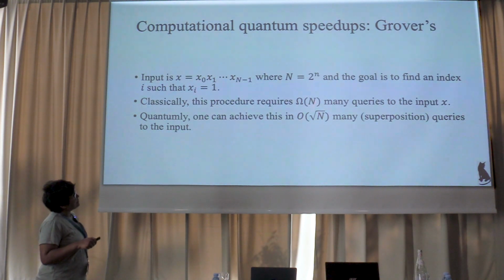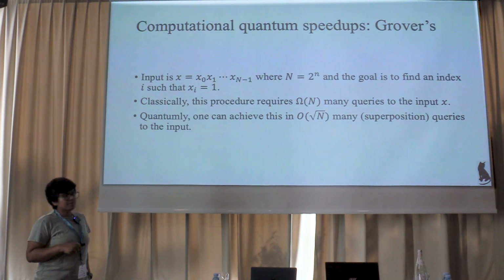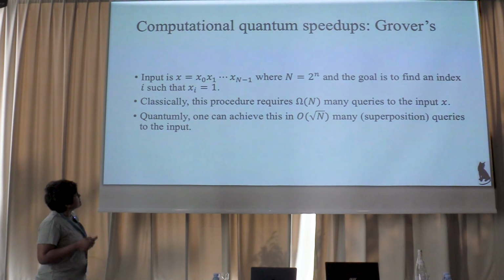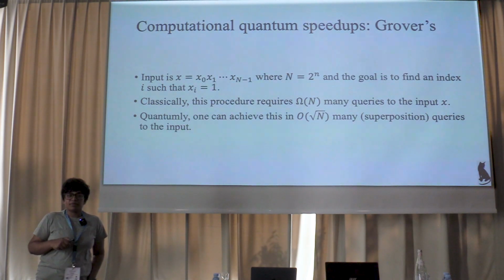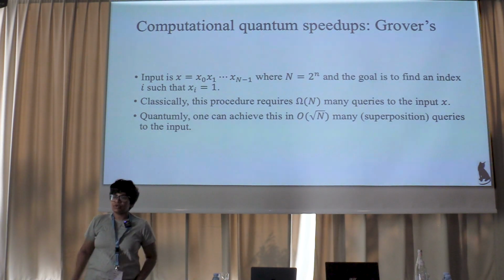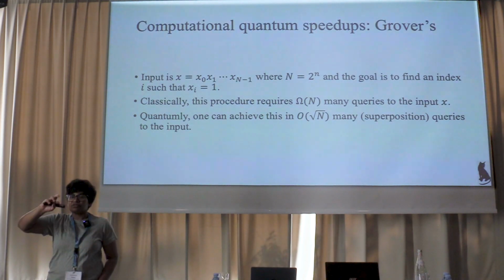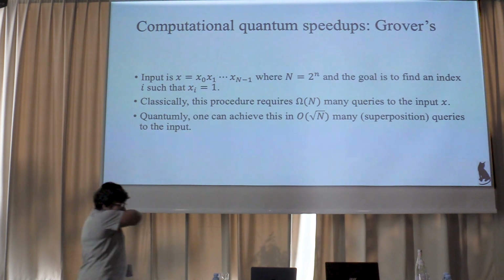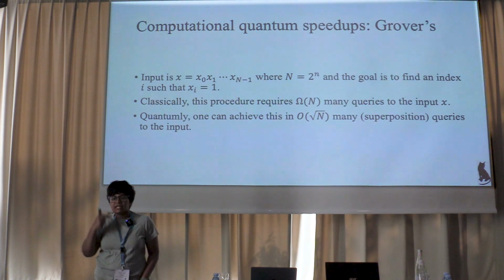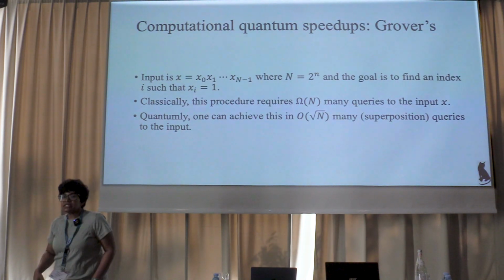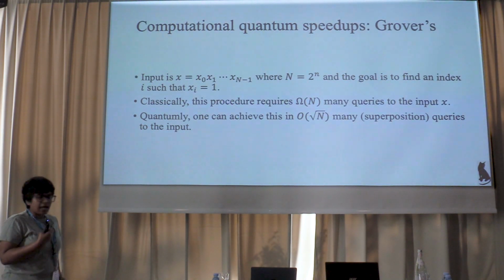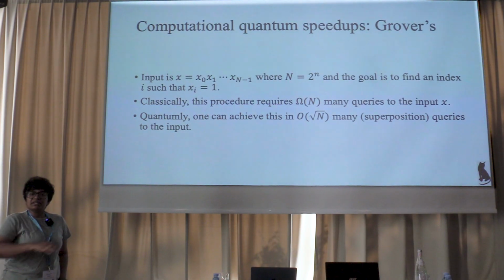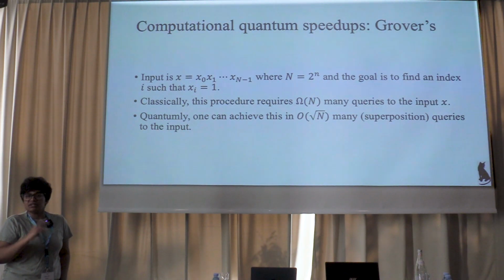And even though this is a square root speed up, the kind of problem that Grover's solves is a very general problem. If you have a lot of items and you want to find items that satisfy some conditions, then apply Grover's. You will see, when we discuss some cryptanalysis talks in future, that many of these algorithms exploit some search space, and then look for some candidates that satisfy certain constraints.